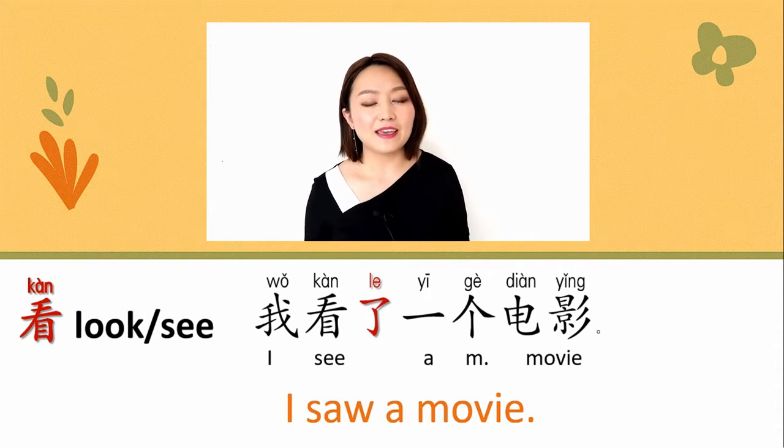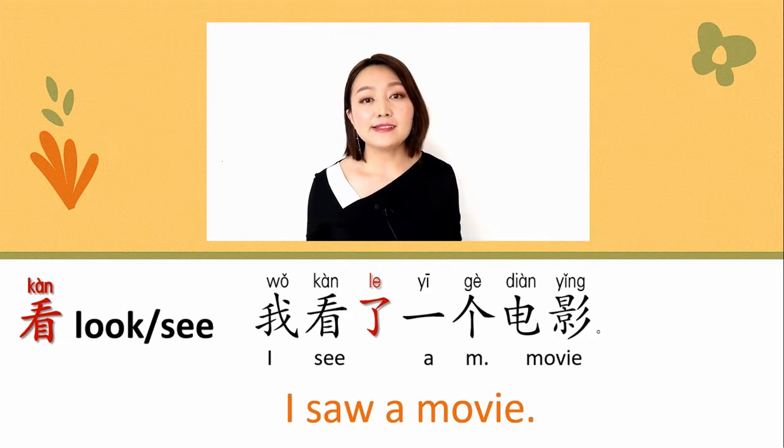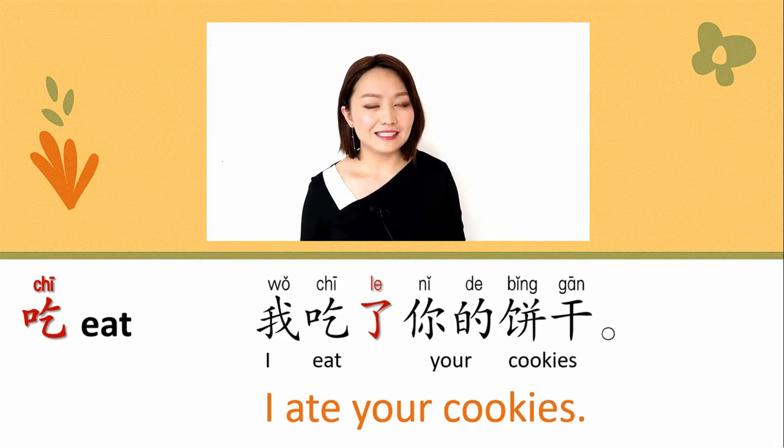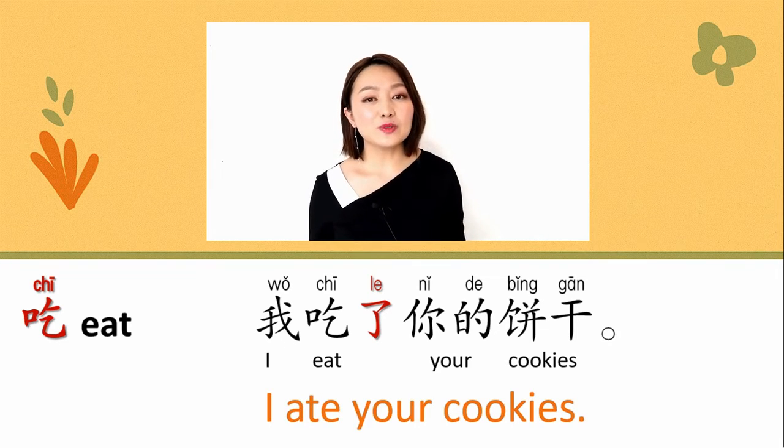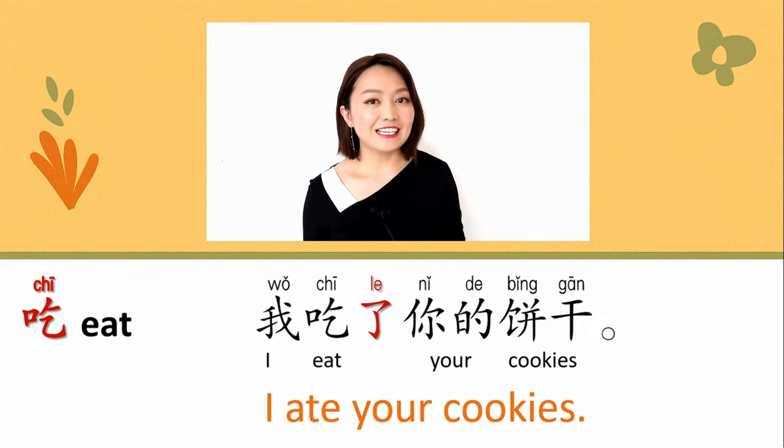And with this, the sentence became past tense. I saw a movie. Another example, 吃, eat. 我吃了你的饼干. I ate your cookies. We just put the function word 了 after the verb 吃, eat. And the sentence became I ate your cookies. It's past tense. The action is already finished.